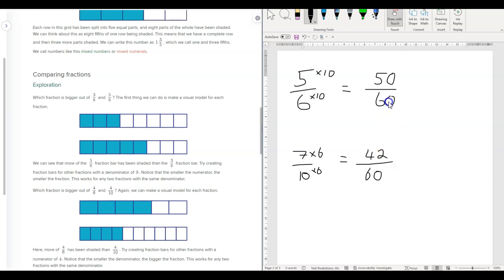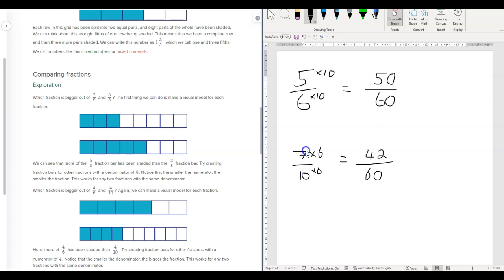Okay, so now that we've got the same denominator, so 60 is the denominator here, 60 is the denominator there, we can simply look at the numerator to tell which one is bigger or smaller. So in actual fact, 5/6 is bigger than 7/10.